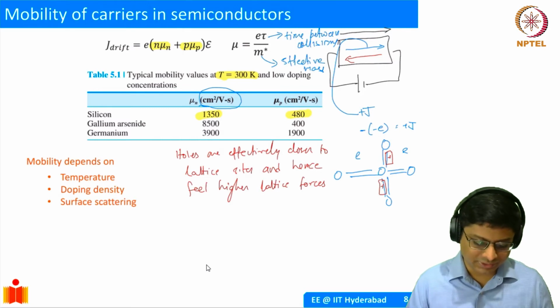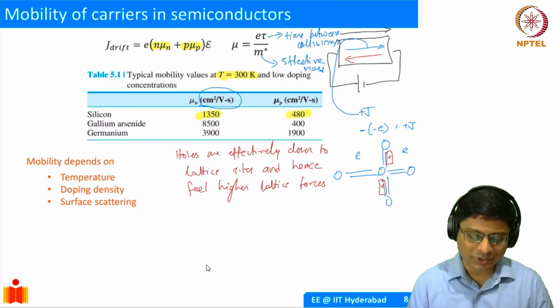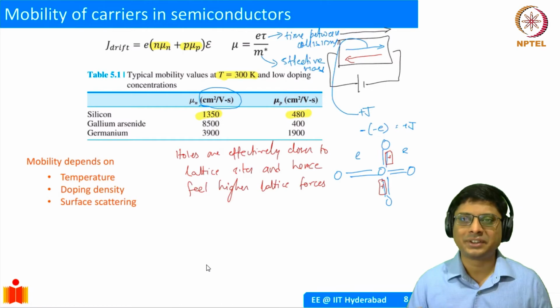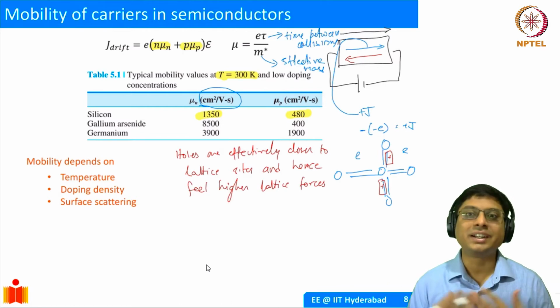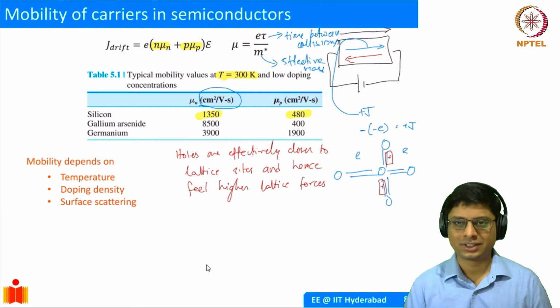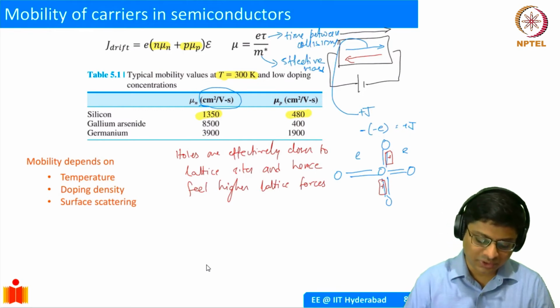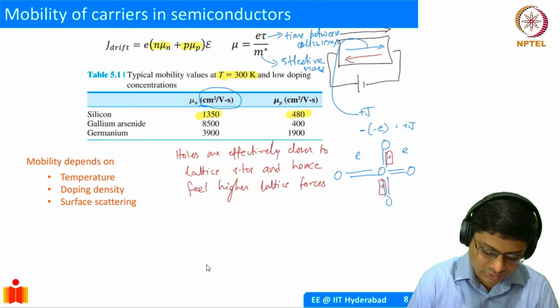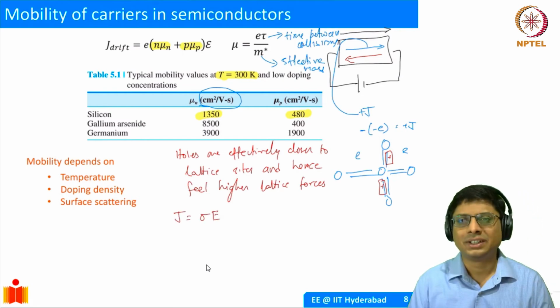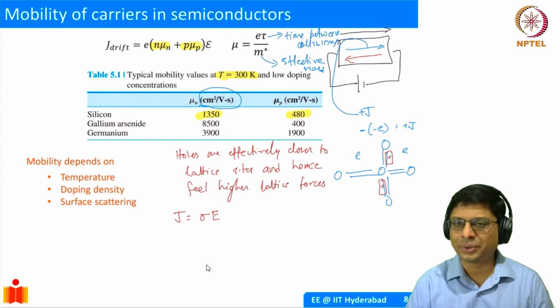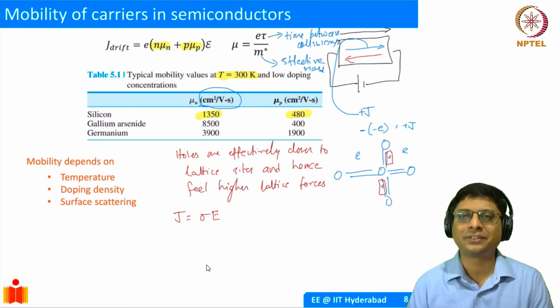We have seen that current is like this. This also gives us an opportunity to go back and revisit what we talked about in the first lecture, the conductivity or resistivity of a semiconductor. J equal to sigma times E is essentially Ohm's law. You can write it as V equal to IR, and then do some manipulations and end up with this. J equal to sigma E is Ohm's law in a different form.